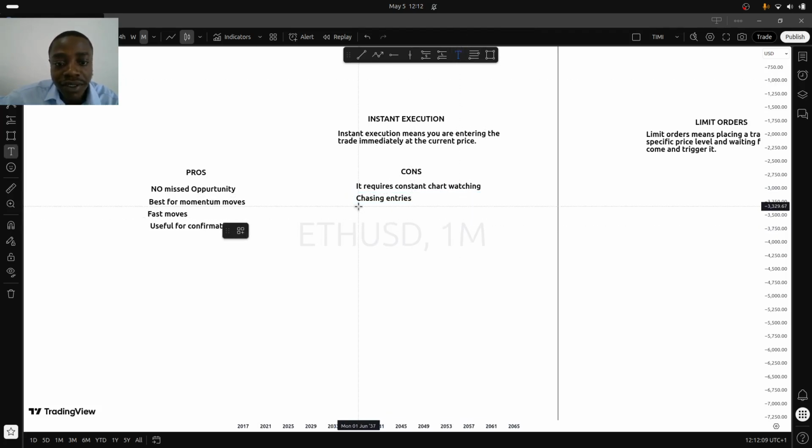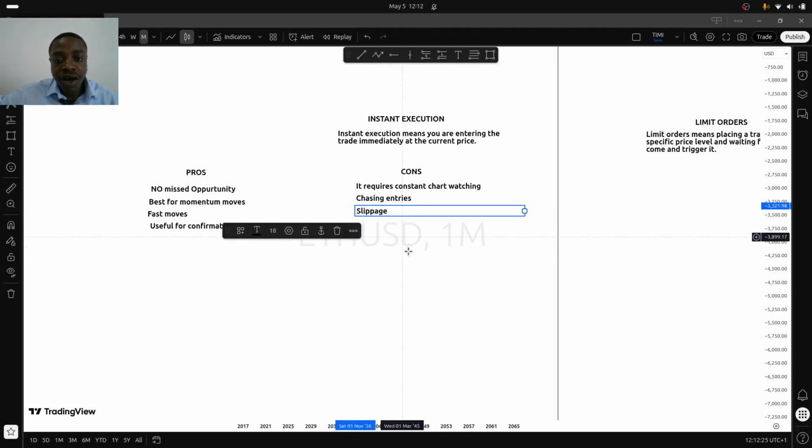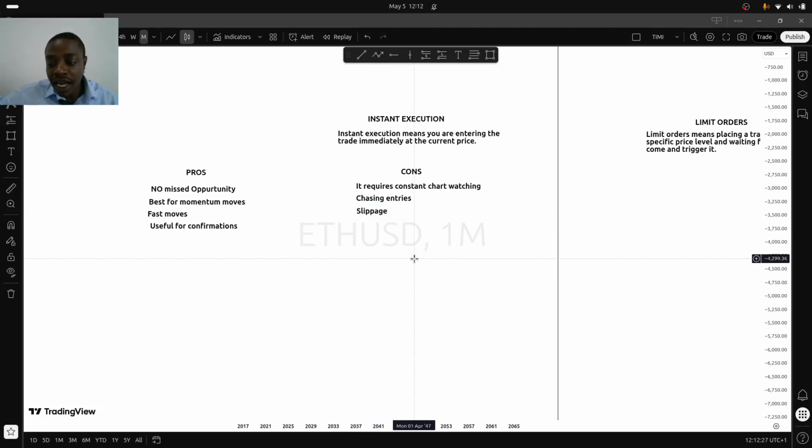Another con so far that I've been able to notice is slippage. By slippage, I mean you click buy and the market does not execute that buy at the exact price that you wanted.